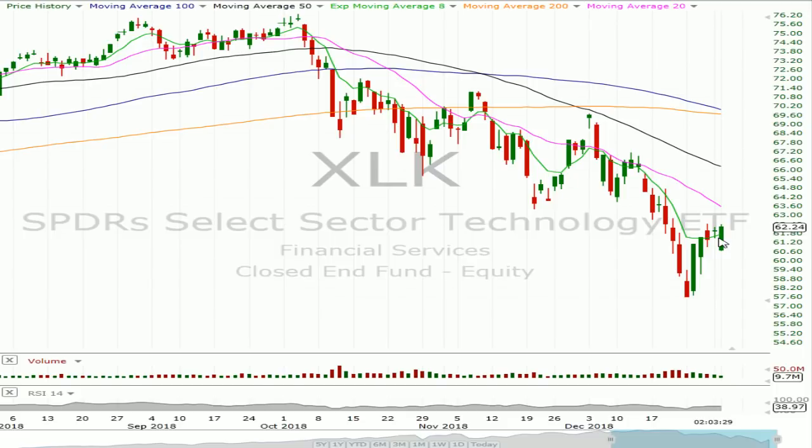So which names have had shallow bounces, which names have struggled to even bounce at all, which names are still stuck underneath moving averages, right? So you could use the S&P or the Qs. If you're looking more specifically at certain sectors, say tech, that's why I have the tech up here, then you could use these sector ETFs as benchmarks to see how your names have fared.